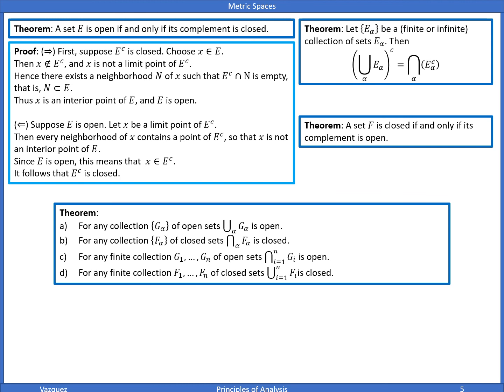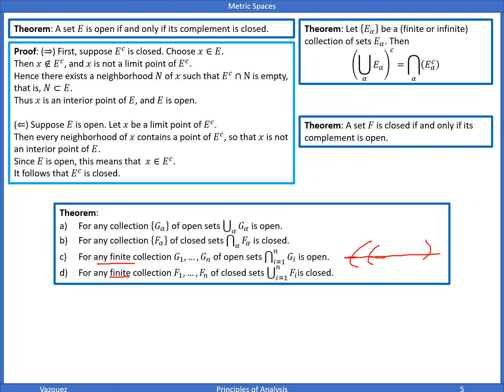And now here is an important word. For any finite collection, G1 to Gn of open sets, the intersection is open. Why finite? Well, because if we had infinite, we could actually have that their intersection is closed. And you can go ahead and come up with an example. I'll give you a little hint on a real line.